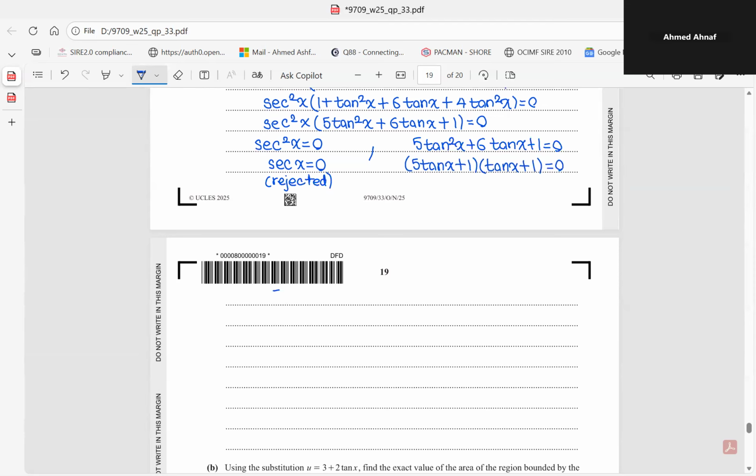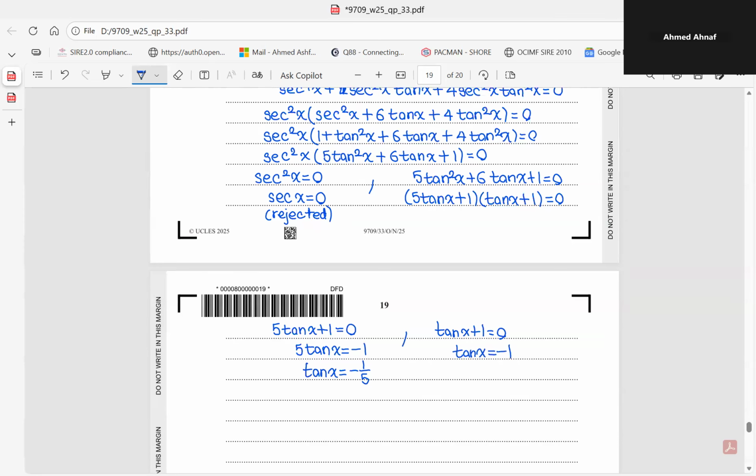Now let's solve both of them. So 5 tangent x plus 1 equals 0, you will get 5 tangent x equals -1, and tangent x equals -1/5. And as for this one, you will get tangent x plus 1 equals 0, and tangent x equals -1. So we have two values of tangent x.